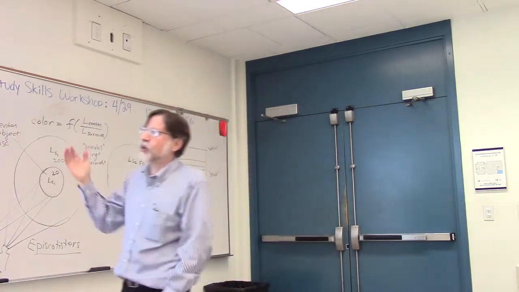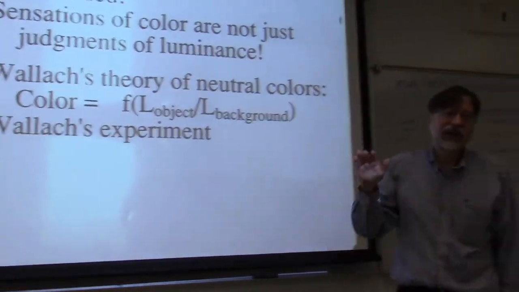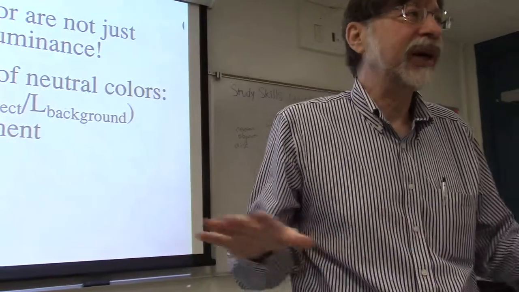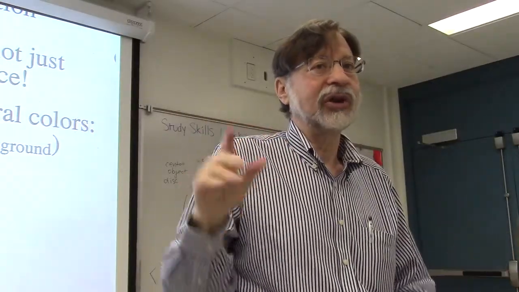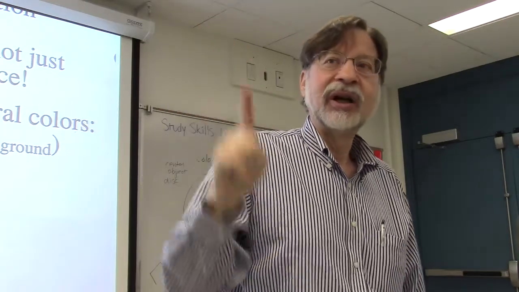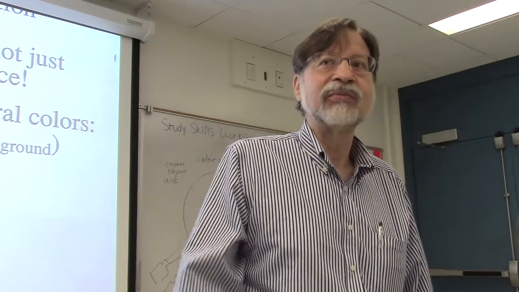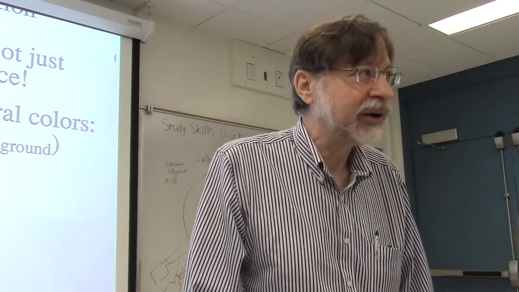So Wallach's theory of color constancy is that the average background, when I go outdoors, hasn't changed. You will have color constancy when the source of illumination of the object is the same as the source of illumination of the background, because then the ratio of light from the object to the background will be the same.